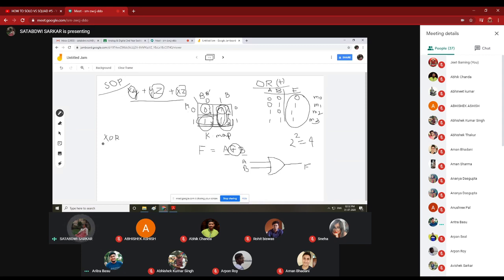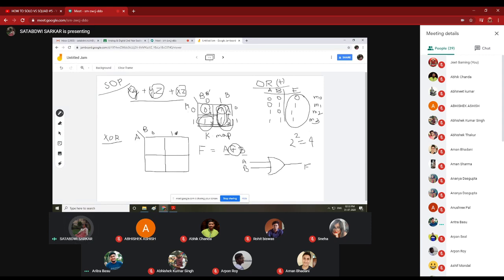Now we have to design this XOR gate. So A and B, two variables are also there. This is the K-map for two variables, XOR gate. So this cell has the value 0 and this cell has the value 1.